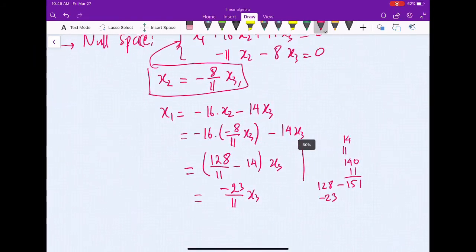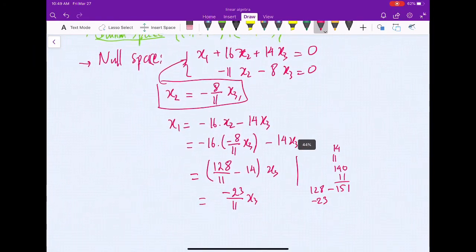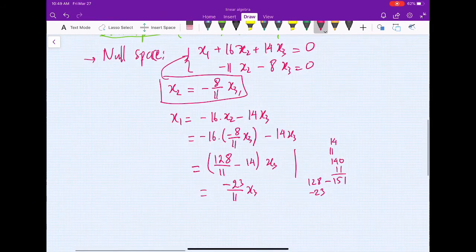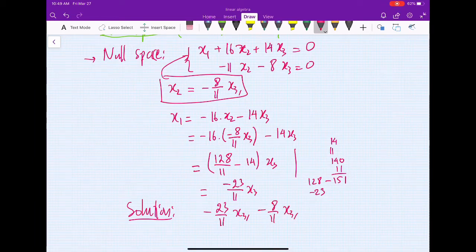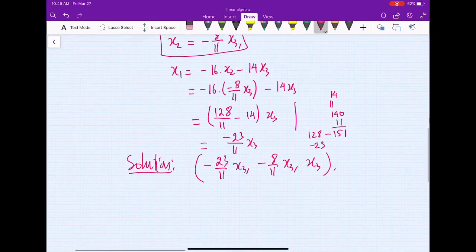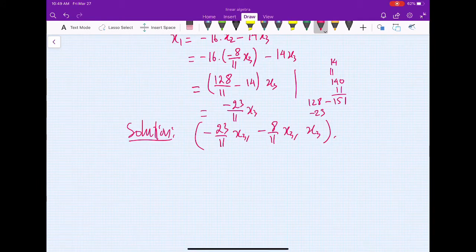All right, so you already solved the homogeneous system. You can write the general solution in the following form. The solution is negative 23 over 11 x3, negative 8 over 11 x3, and x3. Or you can write x3 over 11 times (negative 23, negative 8, 11).